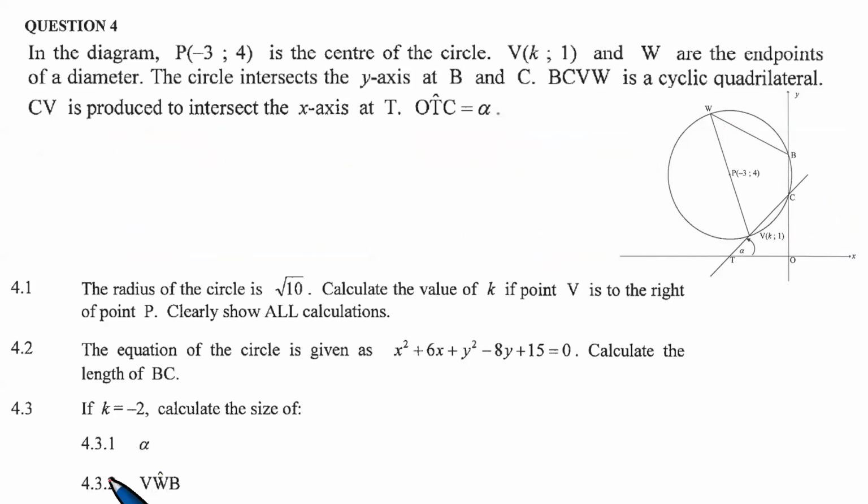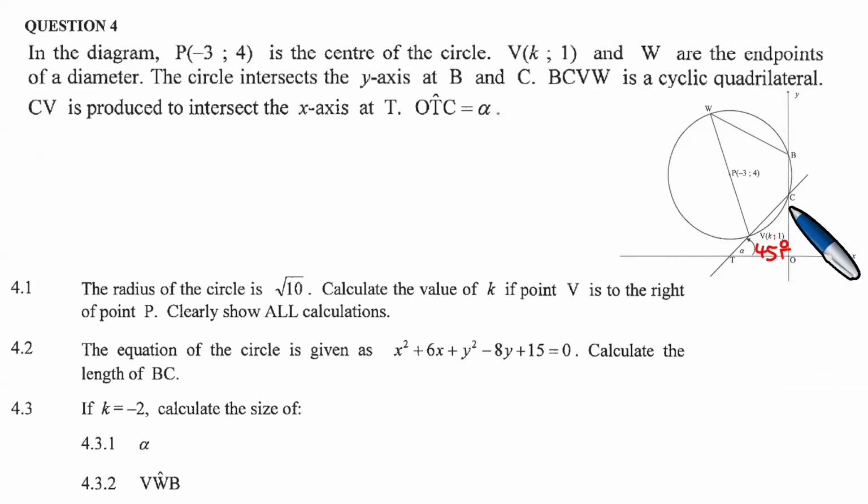We take note of the fact that this angle we already know is 45 degrees. If this angle is 45 degrees, this one is 90 degrees.